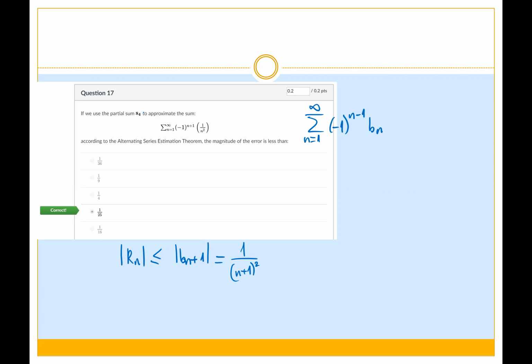When we use S4, n is equal to 4, so this is equal to 1 over 5 squared, which gives us 1 over 25.